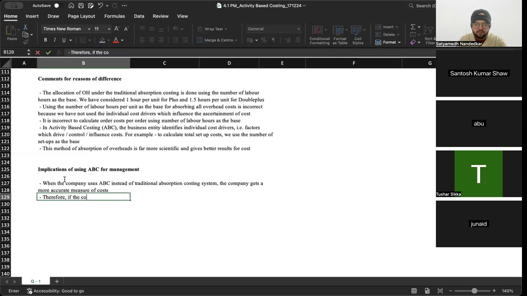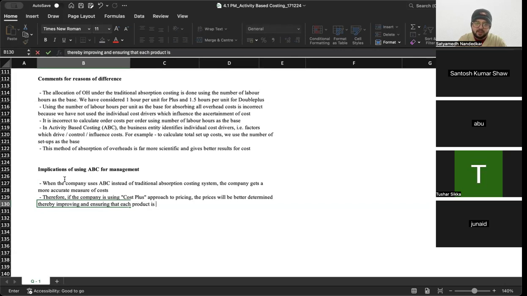Therefore, if the company is using cost plus approach to pricing, the prices will be better determined, thereby improving and ensuring that each product is profitable.